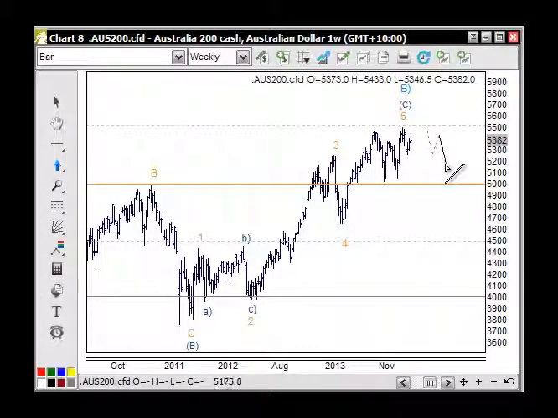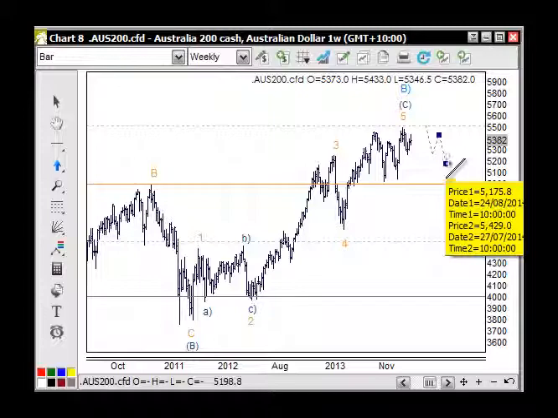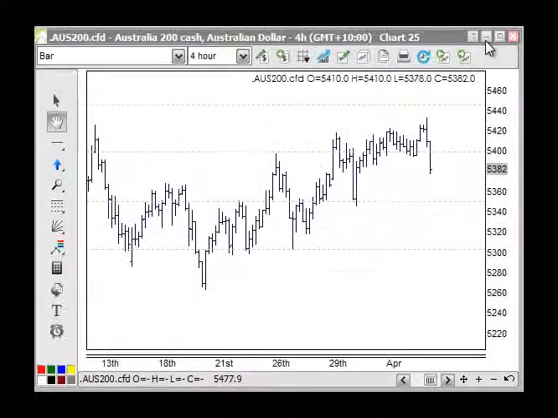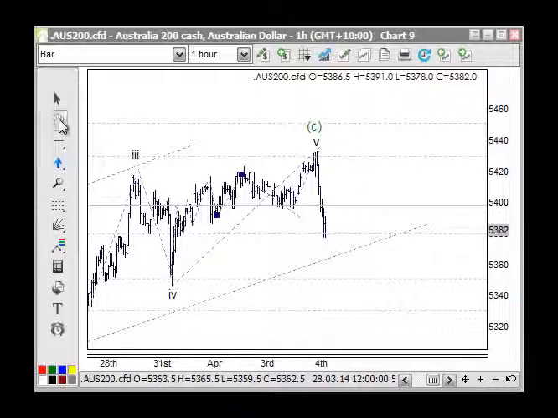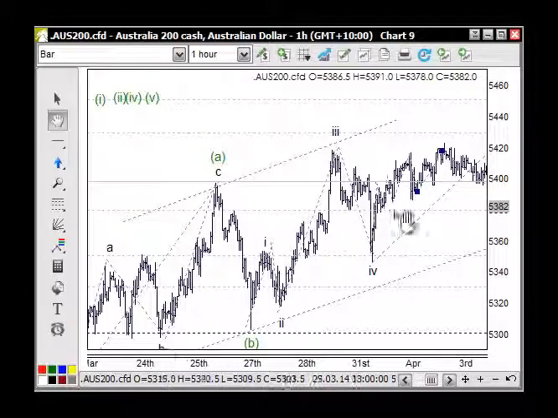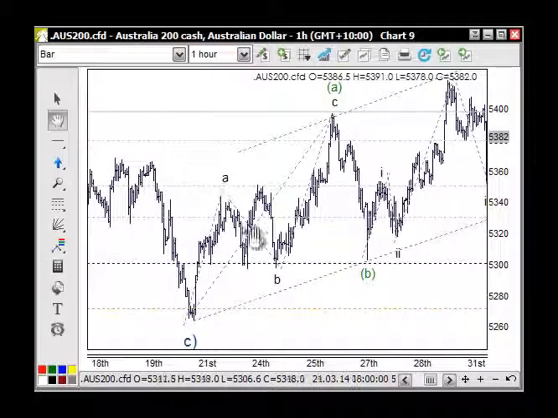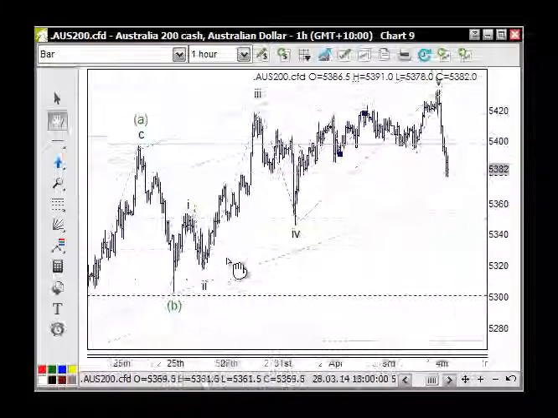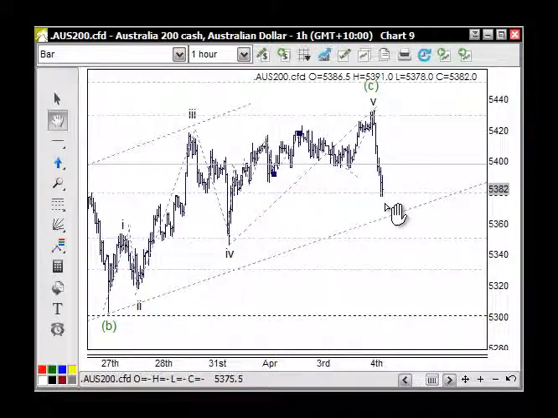So we could get a move down like this here. I'm not saying that's the case, but we've got to consider it because of that corrective move here being to the upside at this point. So let's just see how this pans out through here, and let's see how CBA goes as well.